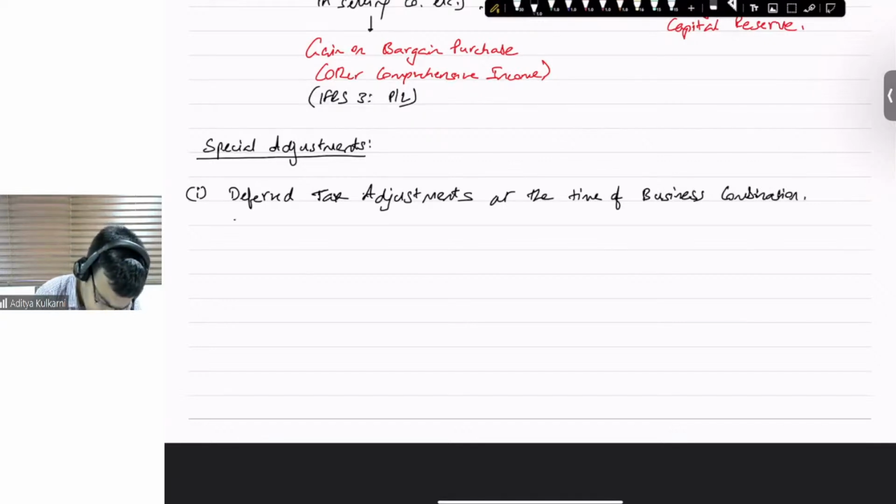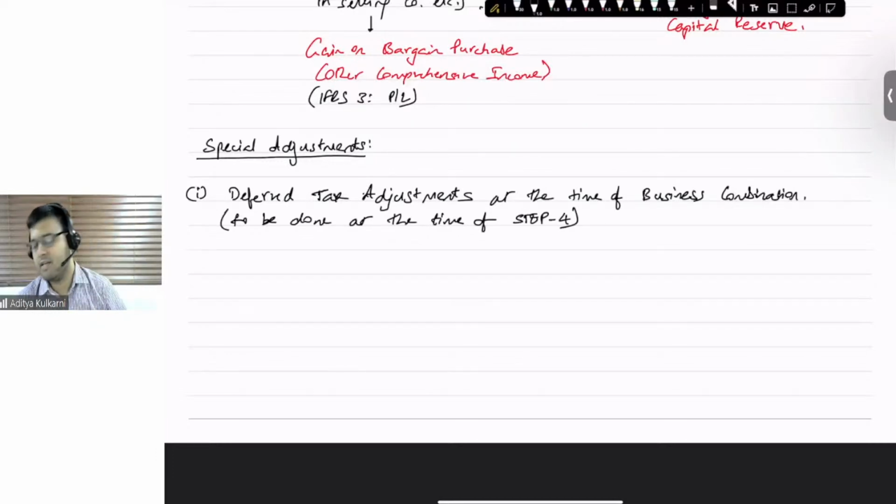When will I give this impact? To be done at the time of step 4. So when you are calculating net assets, this will be done.